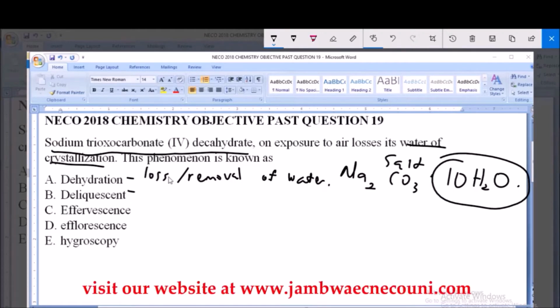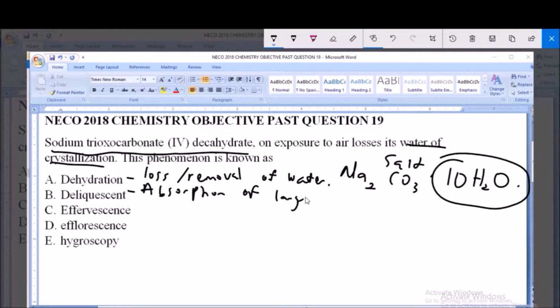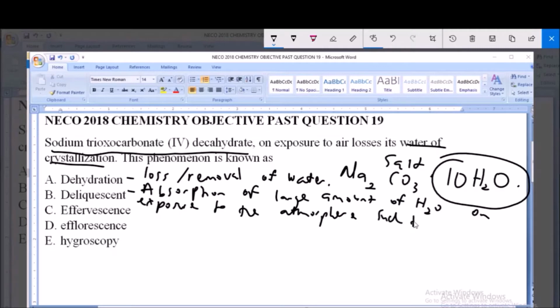Now, option B, deliquescence, refers to the absorption of large amounts of water on exposure to the atmosphere, such that whatever substance or salt is exposed turns into solution.